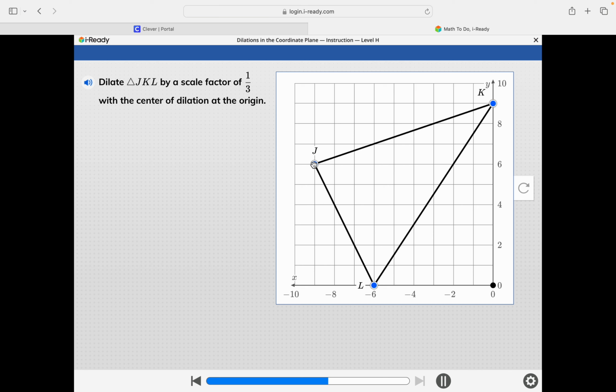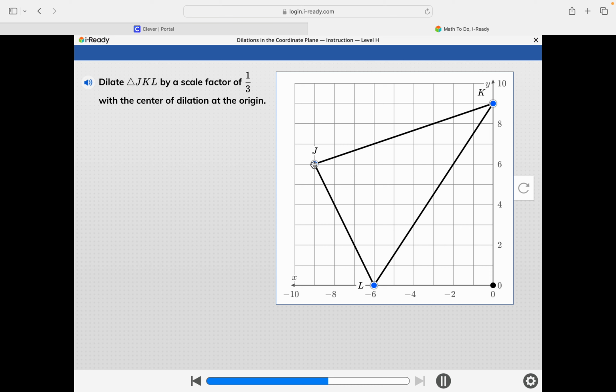So I'll write the question. The question is 6 times 1 by 3. So make it 1 here. 6 times 1 is 6, and 3 times 1 is 3. 6 by 3 is 2.